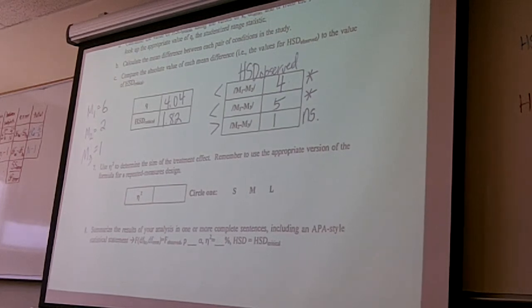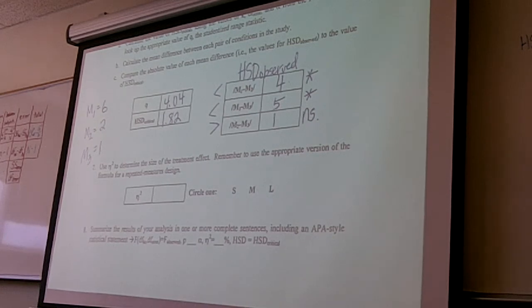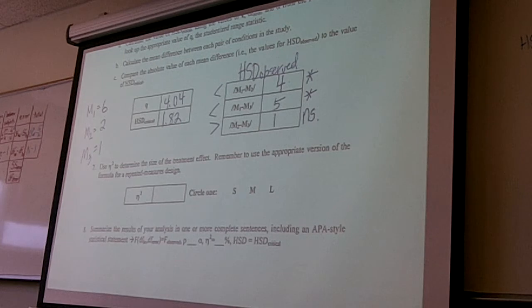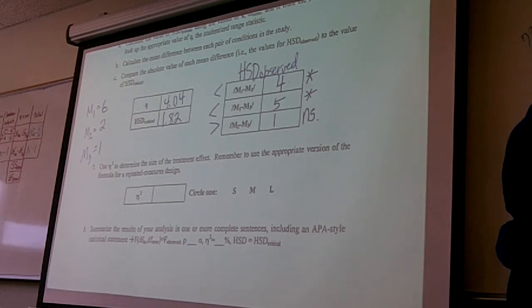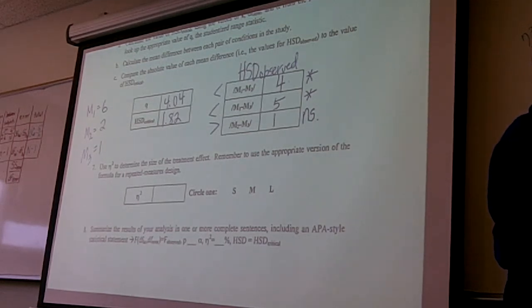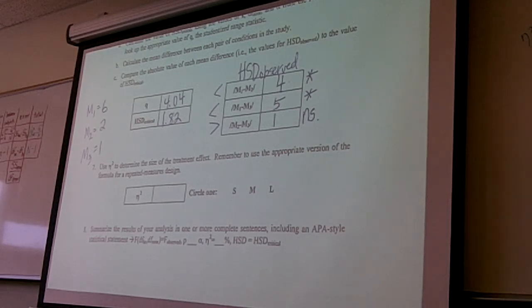All right, now last time, we said eta squared for independent groups is sum of squares between conditions over sum of squares between conditions plus sum of squares within conditions, right?